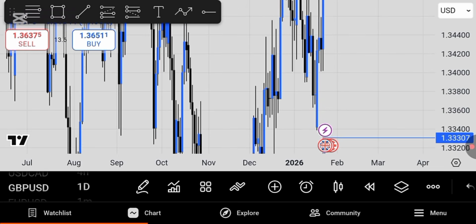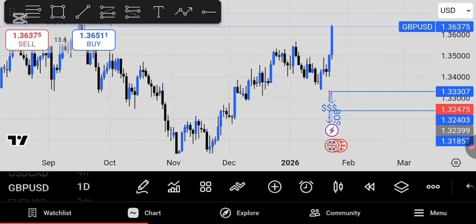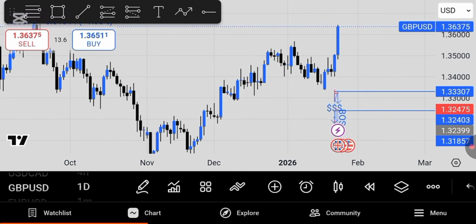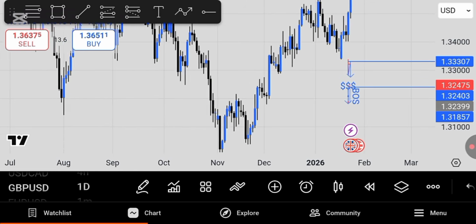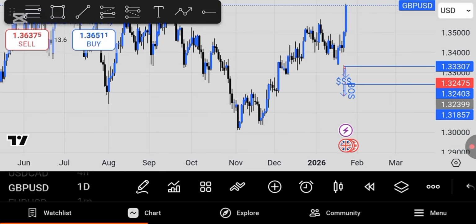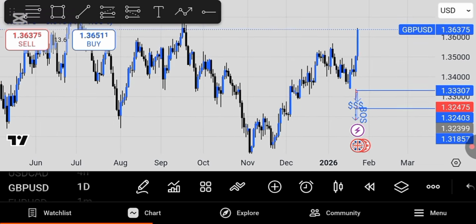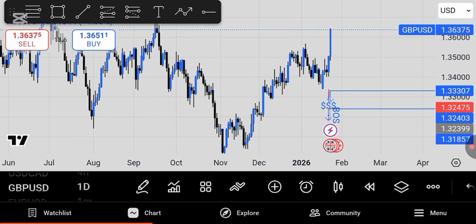But normally on the daily time frame, we just look for our buyers. And from this, you can see that GBP USD has been on an uptrend. Now, GBP USD is on an uptrend, but we can also take the pullbacks.